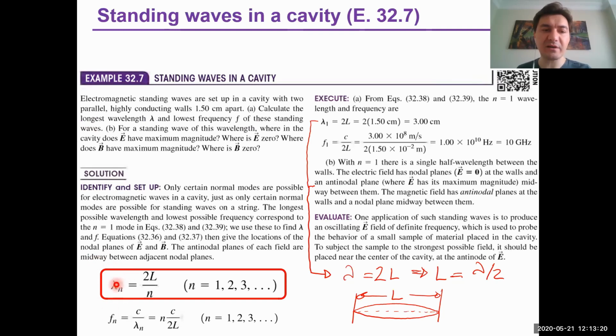Lambda can be calculated with that one, 2L over N. For the longest wavelength, N must be smallest, and the smallest value is 1. So for the lowest frequency, we need the longest wavelength. Just calculate the longest wavelength, put it there, and you can calculate the lowest frequency. And for a standing wave of this wavelength, where in the cavity does E have maximum magnitude?